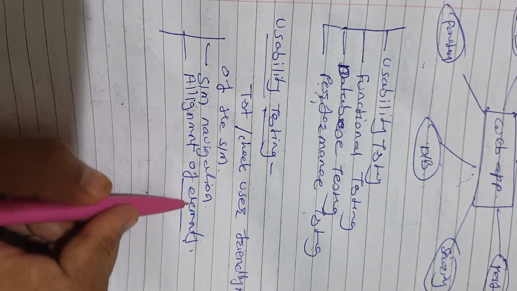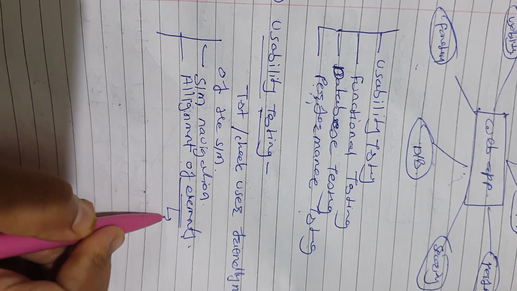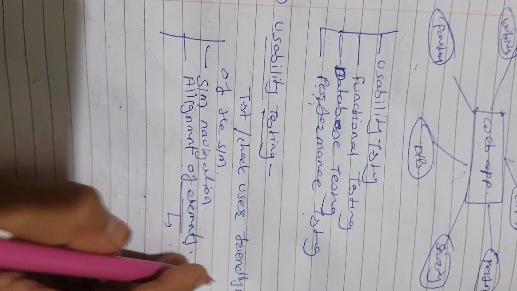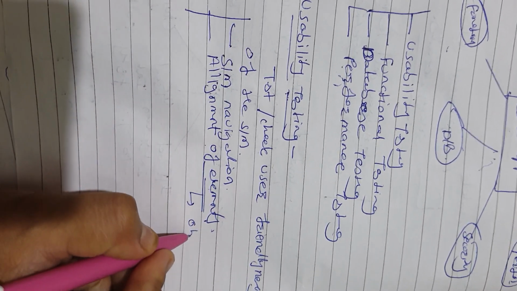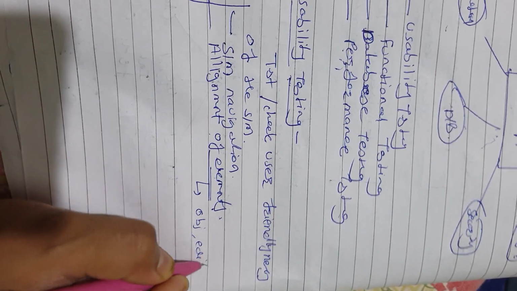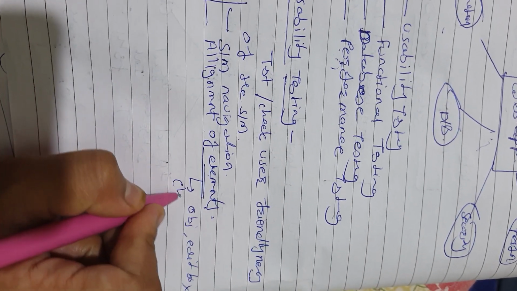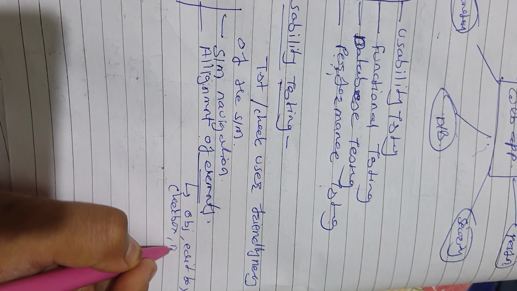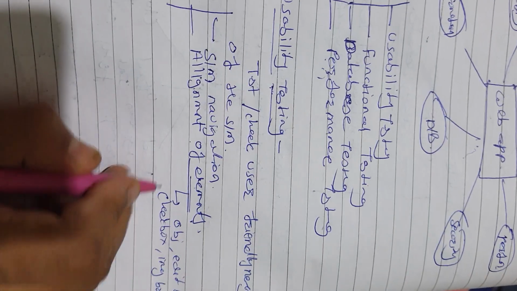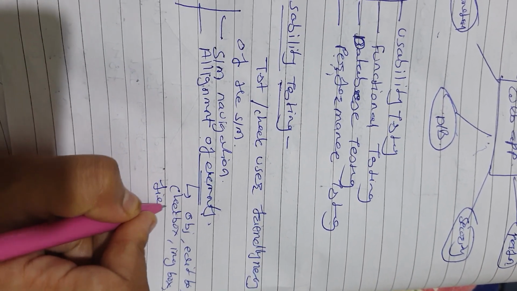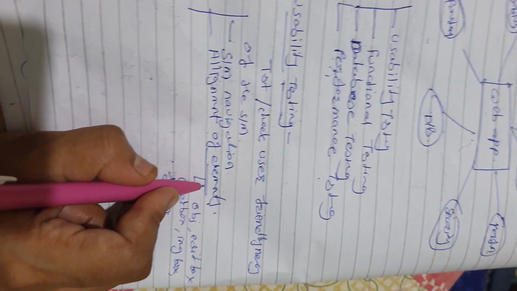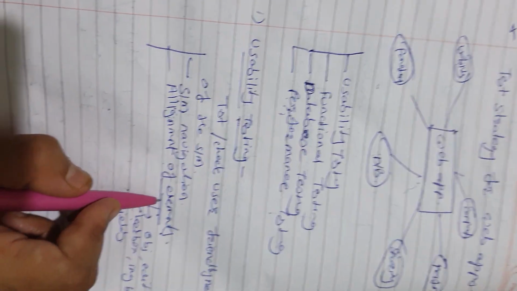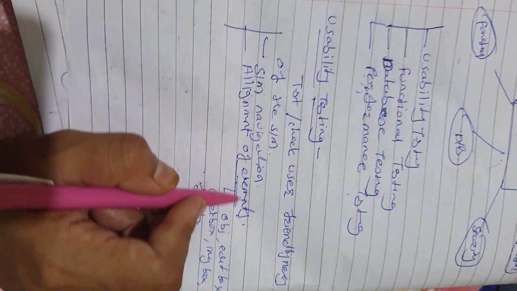Alignment of elements: elements are general terms, for example, object, edit box, check box, image box, and field. These are general terms, meaning elements. You have to check the alignment of those elements.